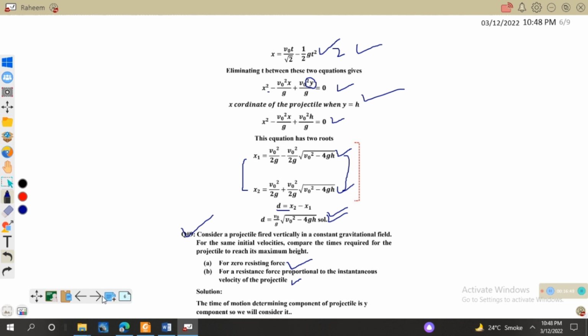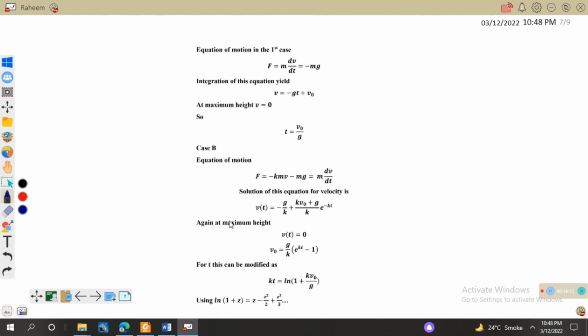Again we will solve the equation of motion for the two cases. The first case is when there are no frictional forces. So we can simply solve this equation, m delta v over delta t is equal to minus mg, because only the gravitational force is acting in this case. We integrate this equation and this yields v is equal to minus g t plus v naught.